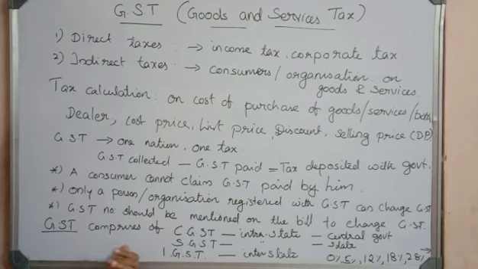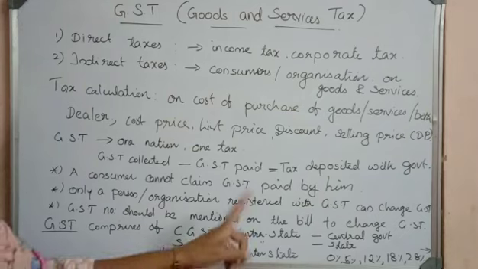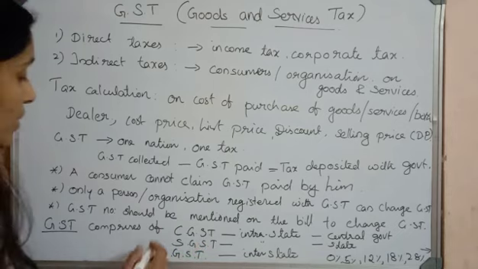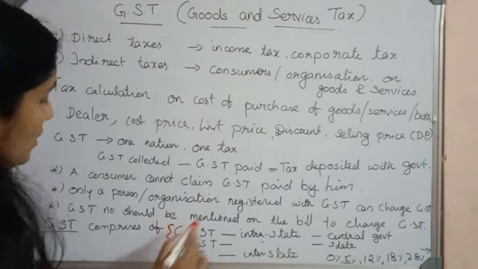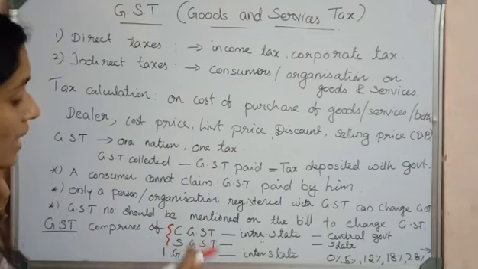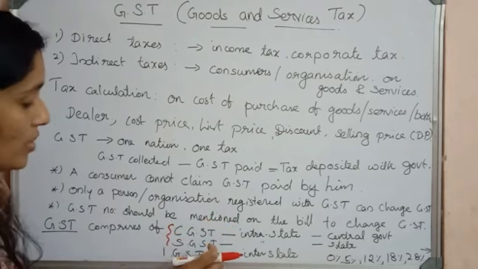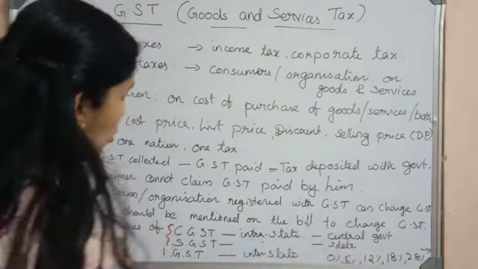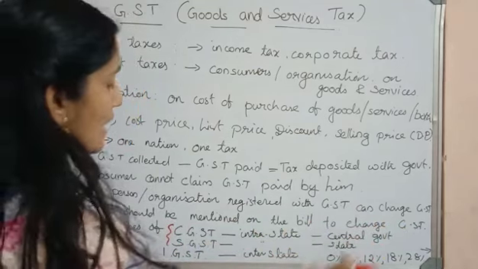And the GST comprises CGST, SGST and IGST. CGST is Central GST and SGST is State GST. Whenever the services take place within the state, then CGST as well as SGST is paid, and the CGST goes directly to the central government and SGST goes to the state government.